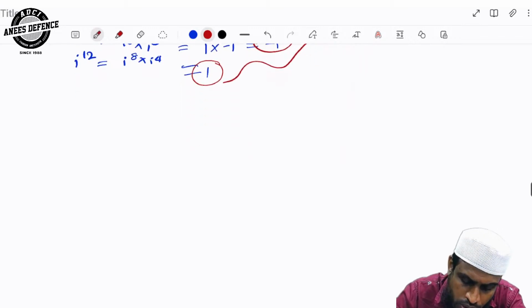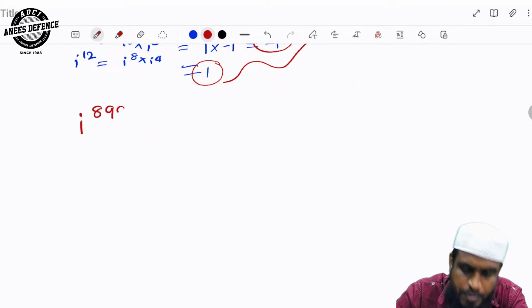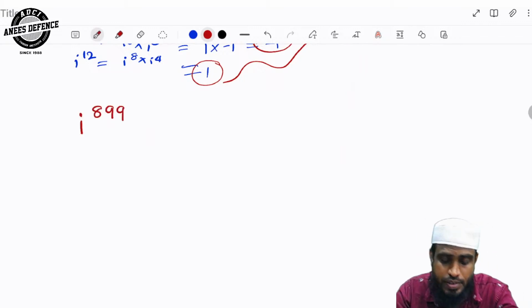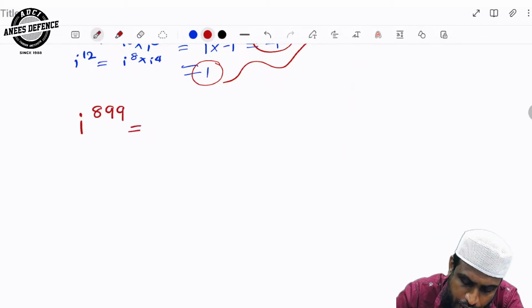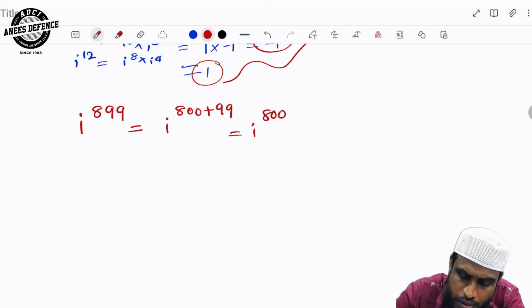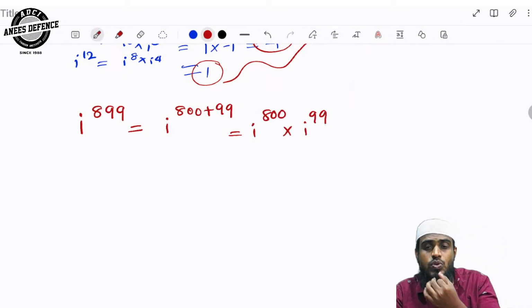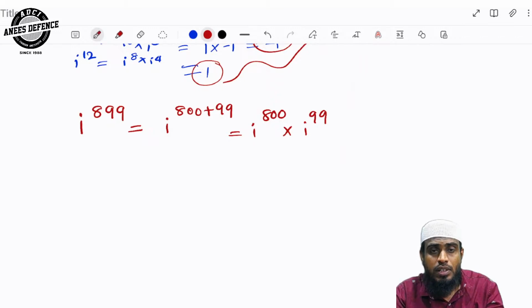Then a typical example: I raised to 899. You can split it like this, 800 plus 99. You know that I raised to 800 into I raised to 99, using the formula A raised to M into A raised to N is A raised to M plus N. Similarly, that formula is used here.